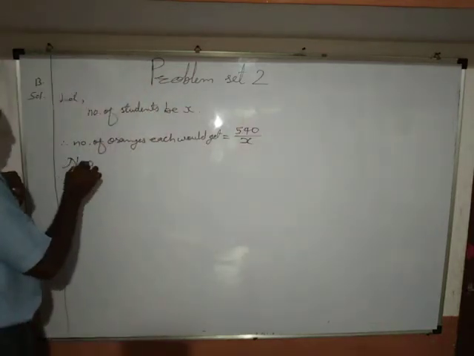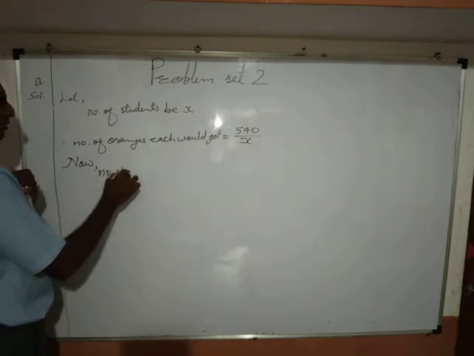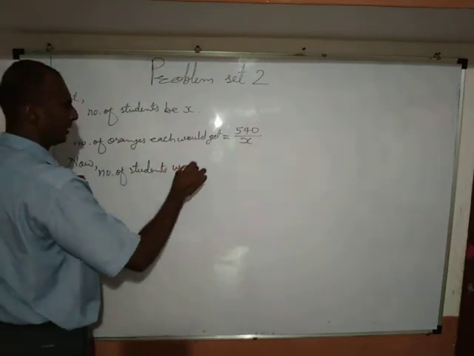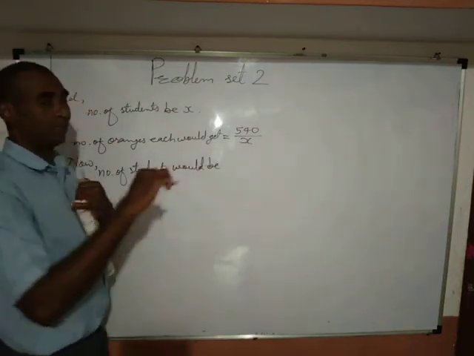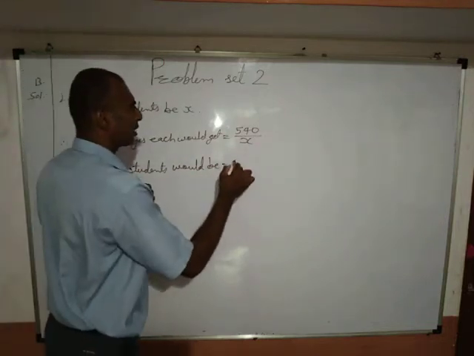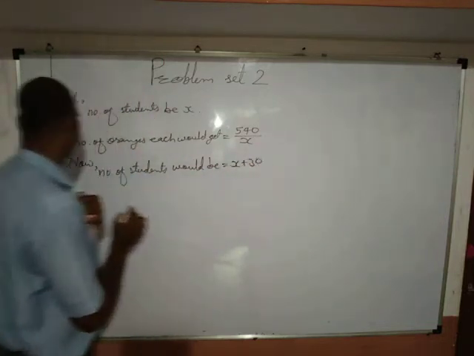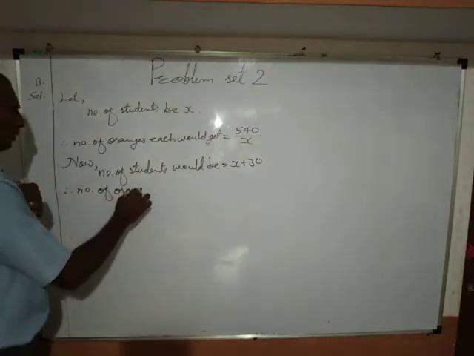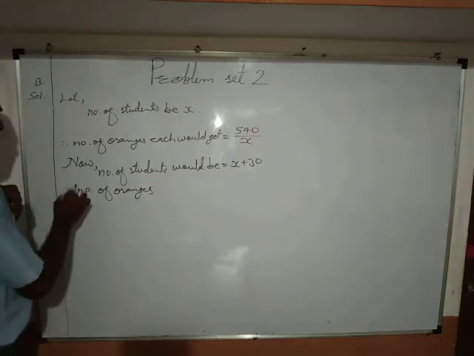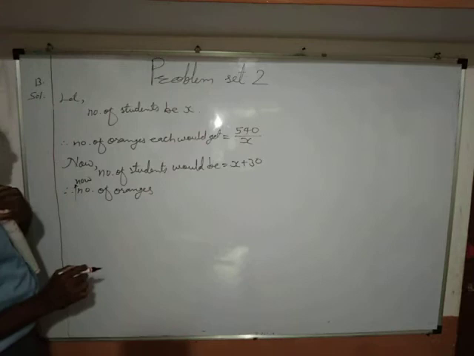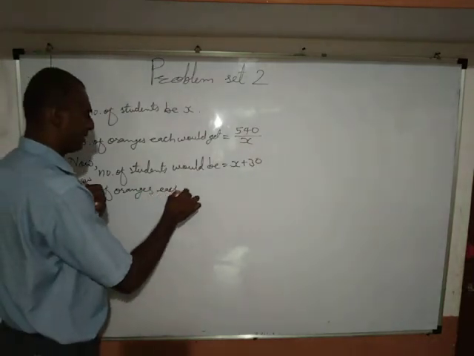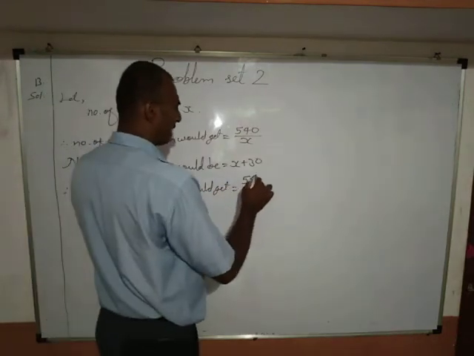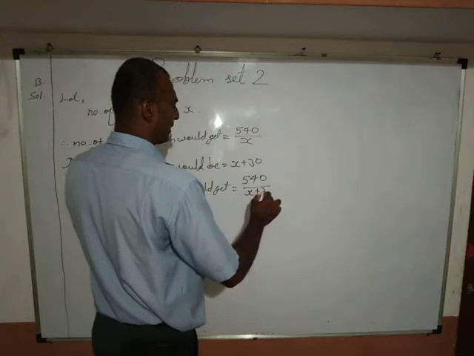Now number of students would be, if there would be 30 students more, means number of students would be x plus 30, and therefore now number of oranges each would get equals 540 upon x plus 30.